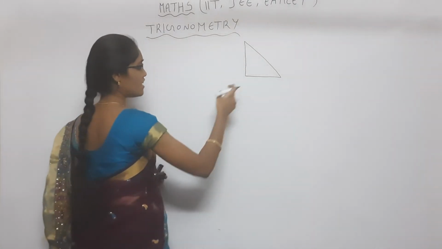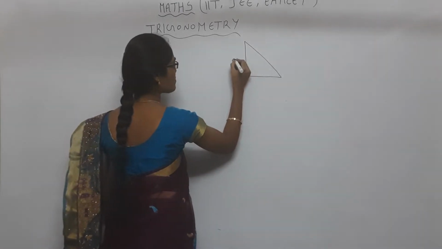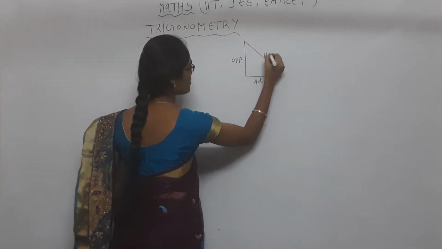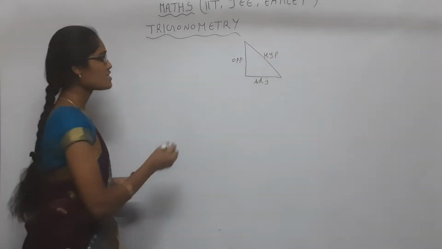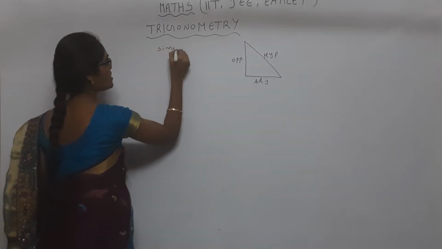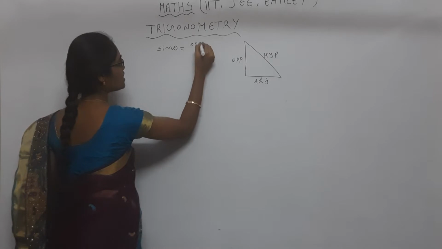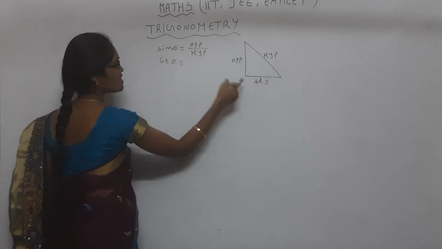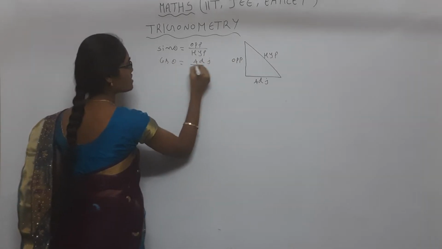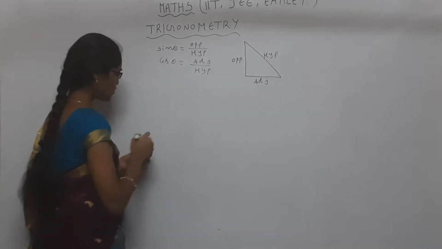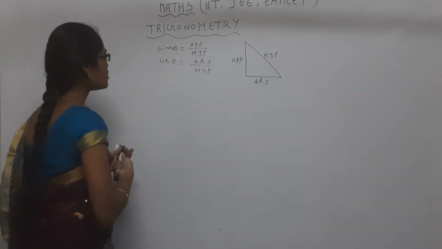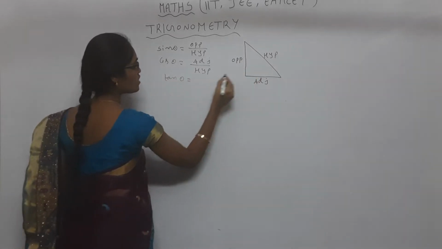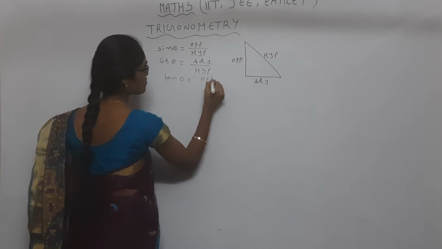Next, take the right angle triangle. This is opposite, this is adjacent, and this is hypotenuse. You know very well, sine theta is equal to opposite by hypotenuse, cos theta is equal to adjacent by hypotenuse, and tan theta is equal to opposite by adjacent.